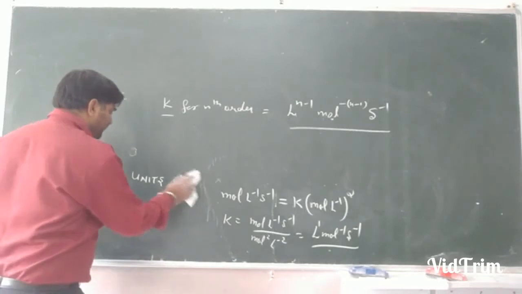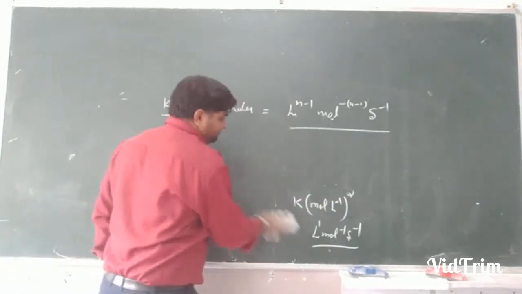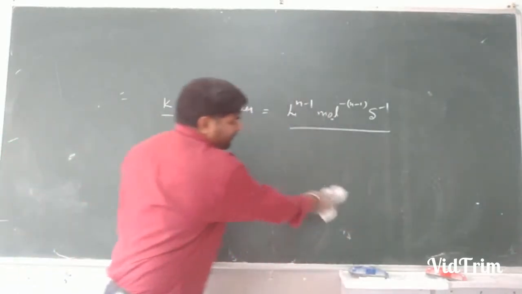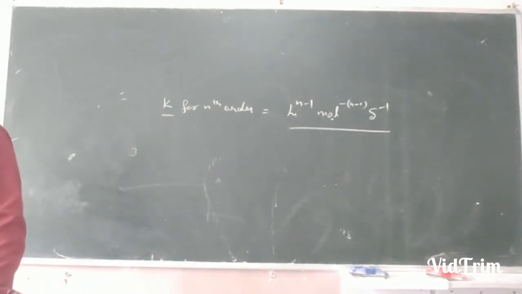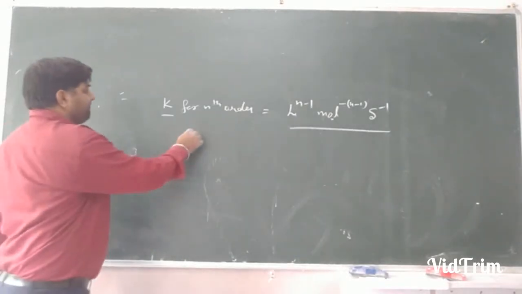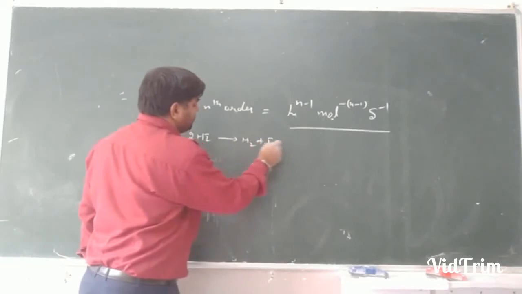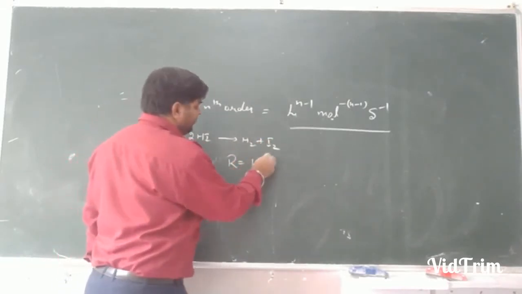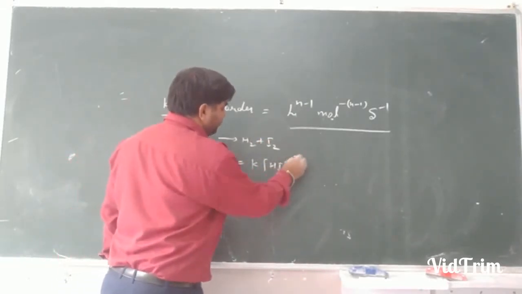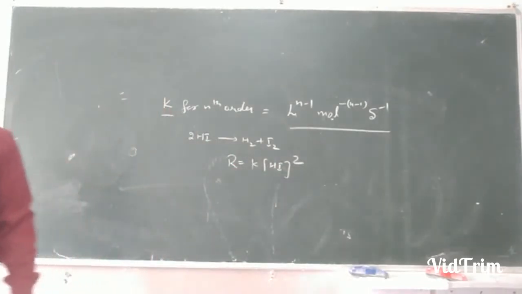Now let us write a few examples of second order reactions. 2HI gives H2 plus I2. Rate of reaction is K[HI]^2, which is called a second order reaction.